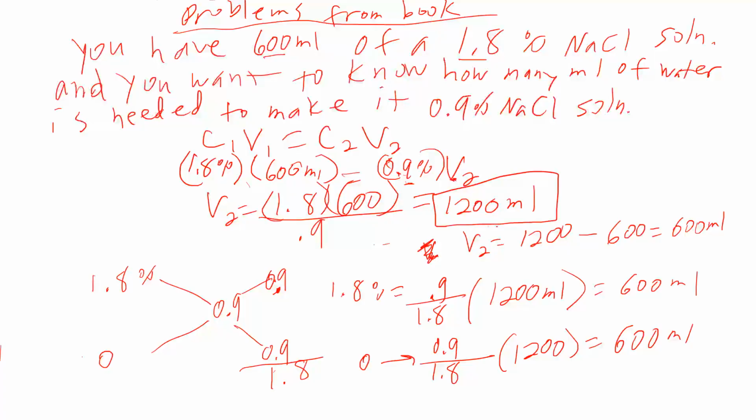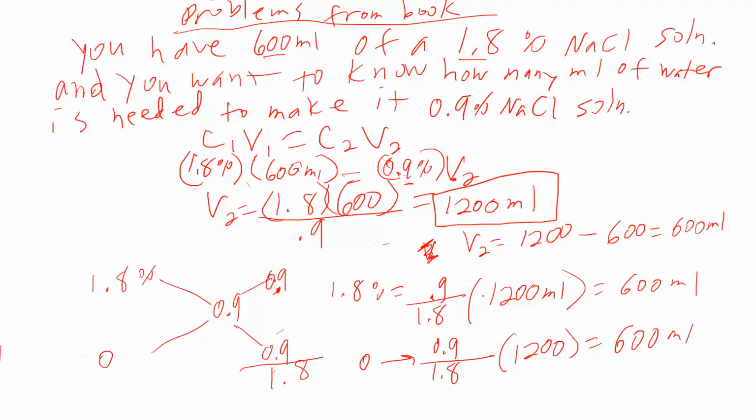So we could figure out V1 and V2, and we know that it should be 600 milliliters. When we do the alligation and put in the total quantity, you can also do it like this.